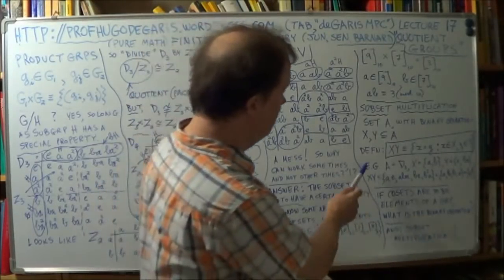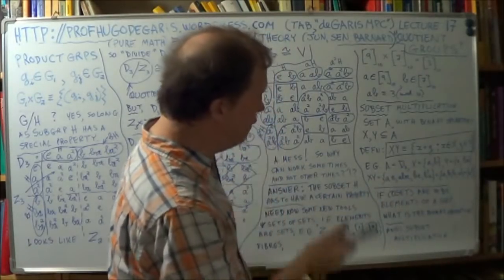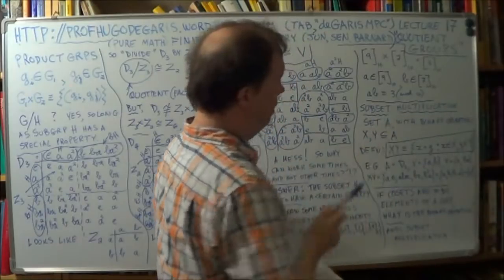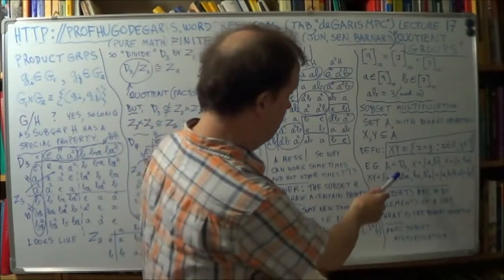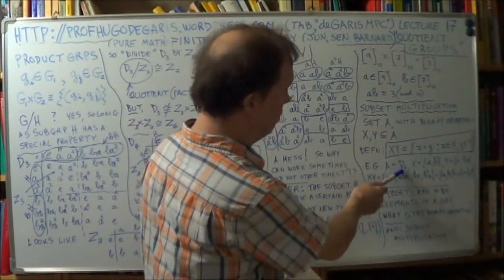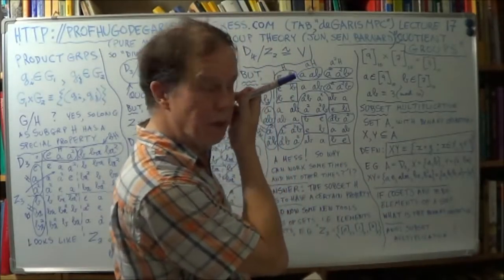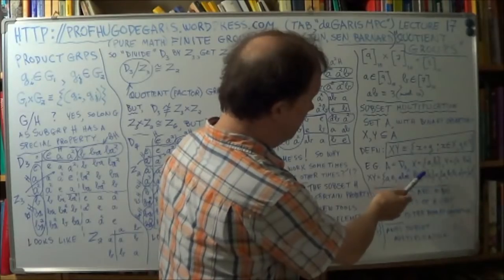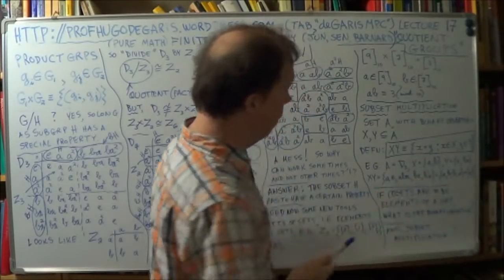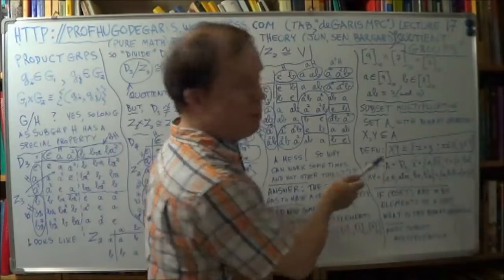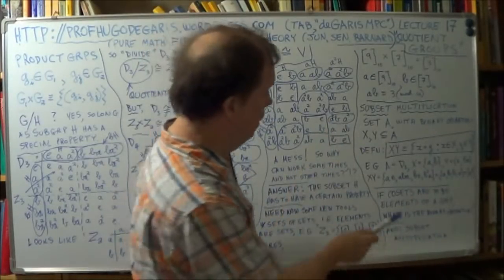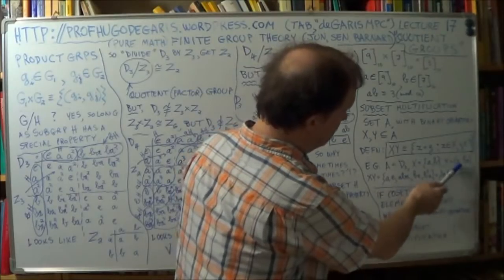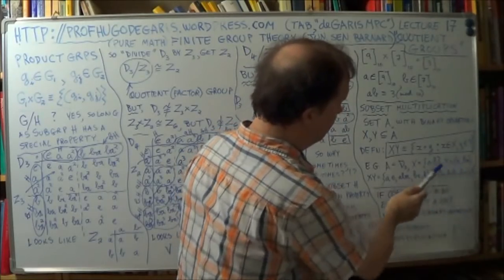Right. Now here's an actual example of subset multiplication. So the set itself is D3, the symmetry operations of an equilateral triangle. Now, the set itself has 6 members, right? 2 times 3. So here's a subset X, which is {A, B}, and here's another subset Y, which is {E, BA}. So we have 2 subsets.